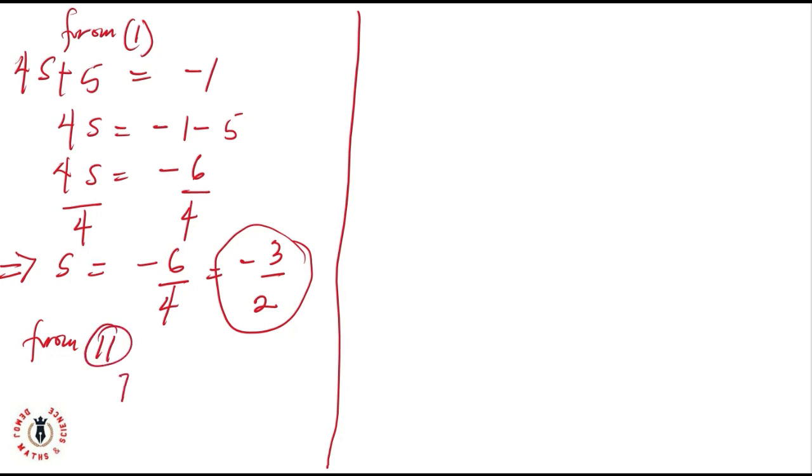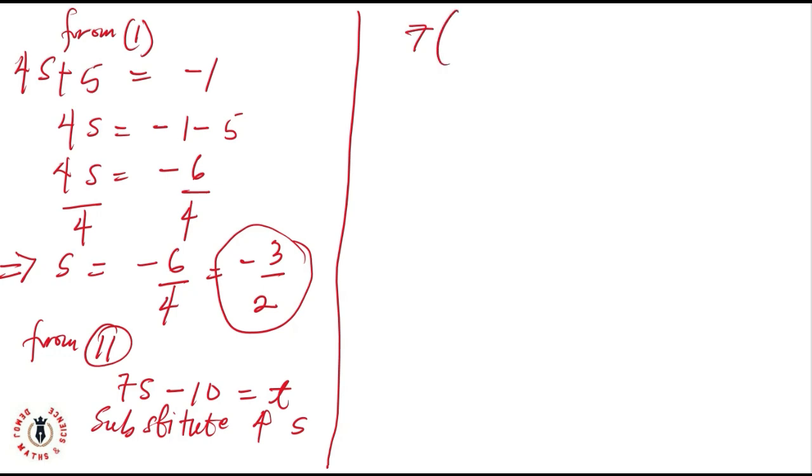Now if S is equal to minus 3 over 2, let's now use equation 2. I can deduce that minus 7S minus 10 is equal to T. So I'm substituting for S. I think I've missed something.